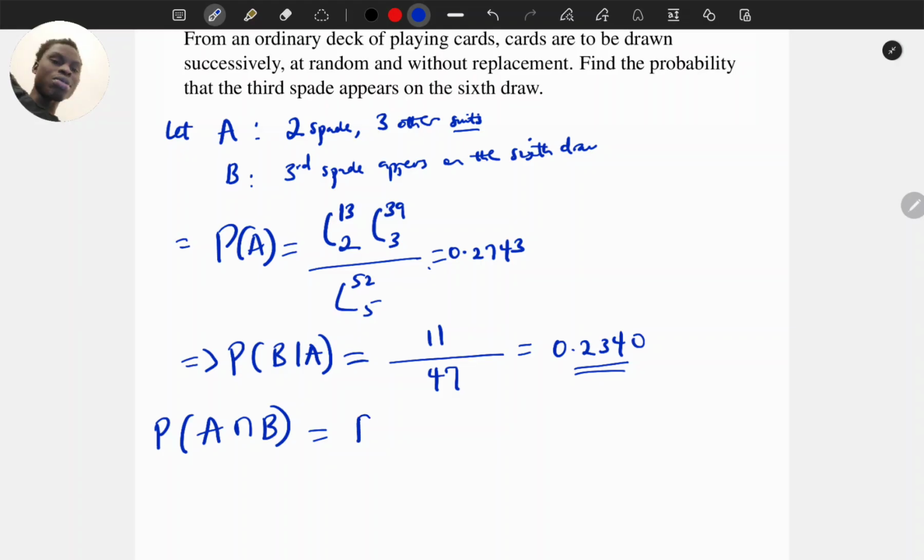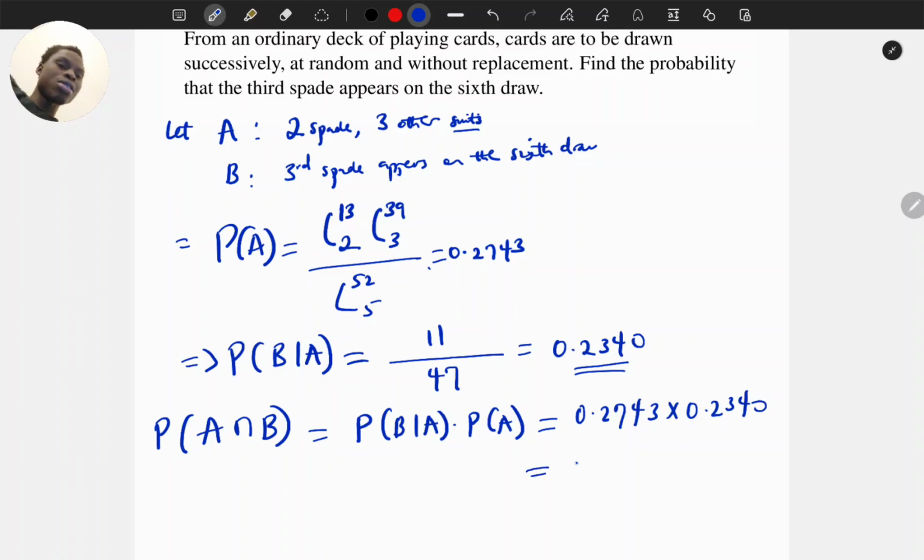That is going to give us the probability of B given A times the probability of A, which is 0.2743 times 0.2340, and that gives 0.0642. We actually make use of the multiplication rule for that.